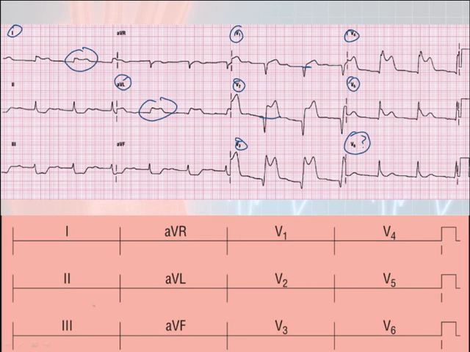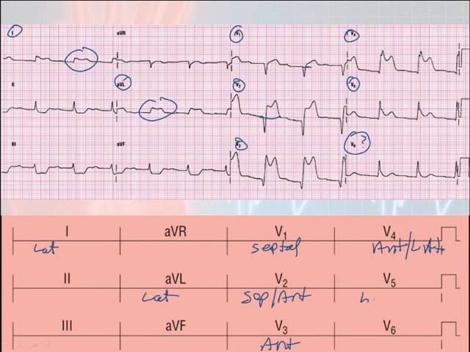So if you remember this little picture right here, in 1 we have our lateral, AVL is lateral, V1 is septal, V2 is septal and anterior, V3 is anterior, V4 is anterior, and it could look a little bit lateral.